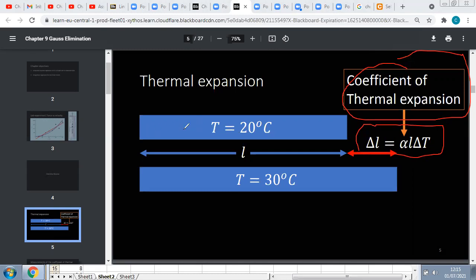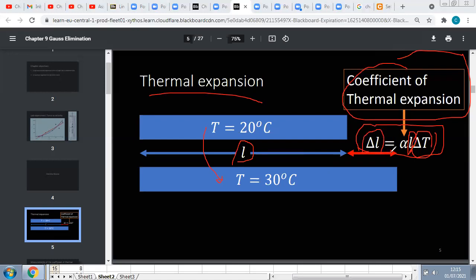If I have a certain material and I take a specimen of length L, and I subject this specimen to a raise or decrease in temperature, then for expansion I should increase the temperature. If I impose a certain increase delta T on the material, knowing the initial length of the specimen, I can compute the increase in length due to thermal expansion.